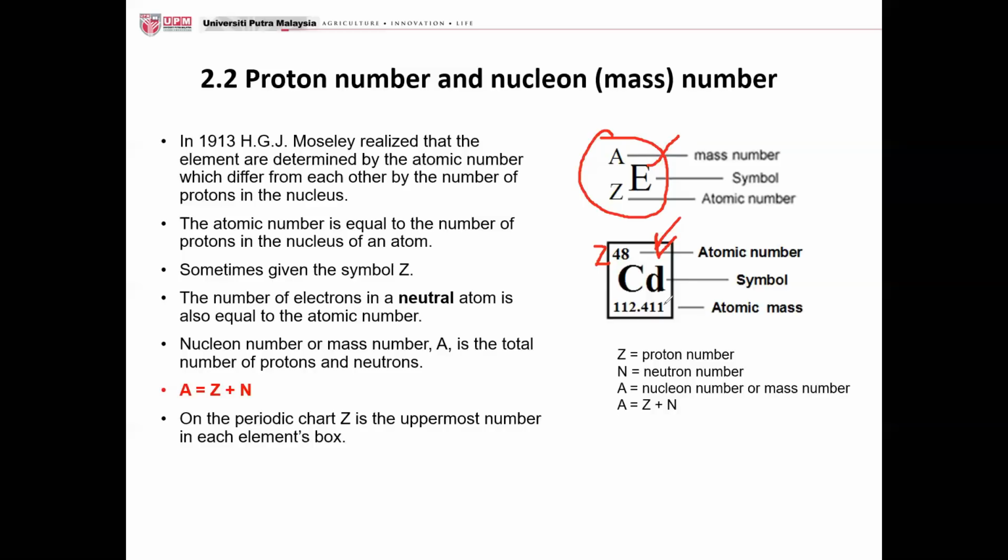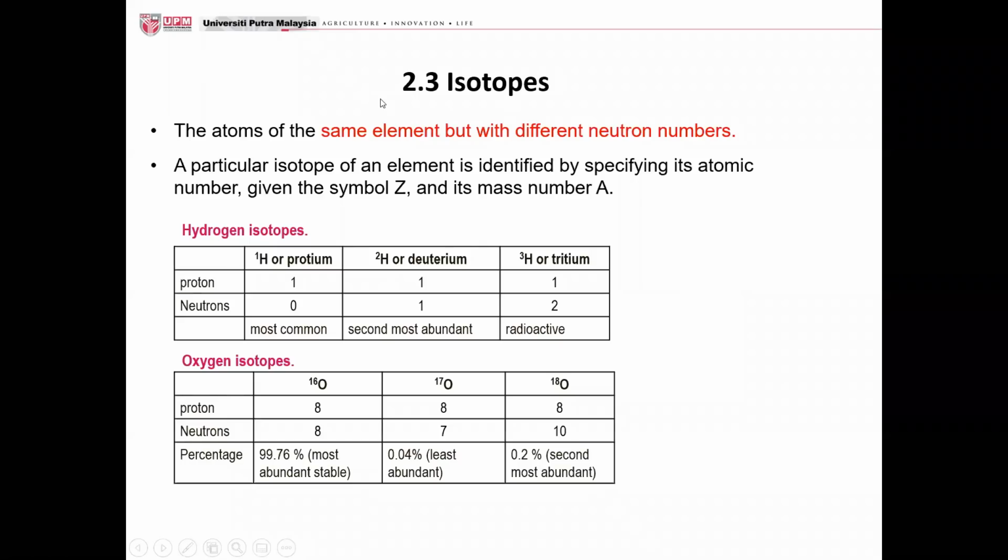Okay, so let's move on to the isotope. Isotopes are atoms of the same element but with different neutron numbers.